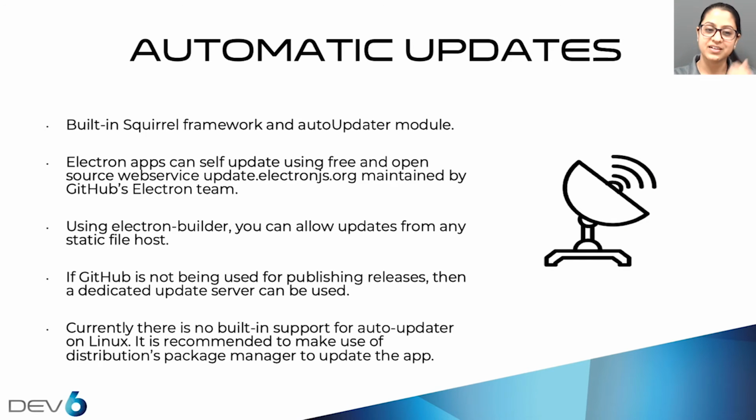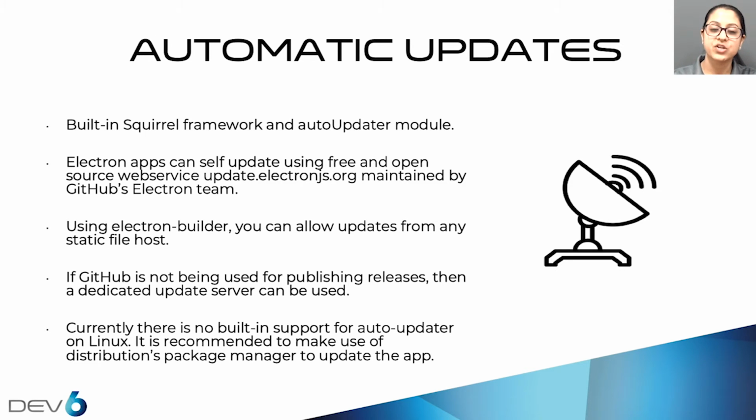And another selling point of Electron is automatic updates. It's so easy to set up. It's just like 2 lines of code and you are good to go, because Electron comes with the built-in Squirrel framework and auto updater module. That means it's already doing all the hard work for you. You have to just do 2 steps here.